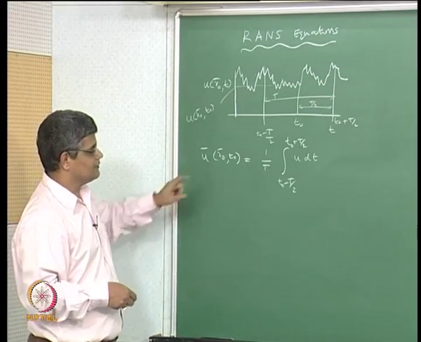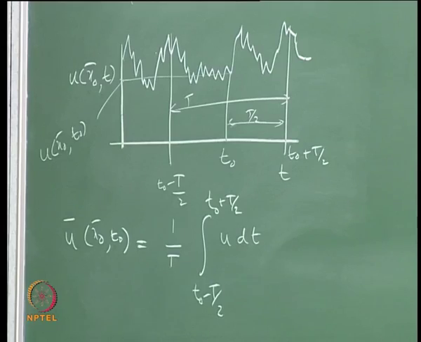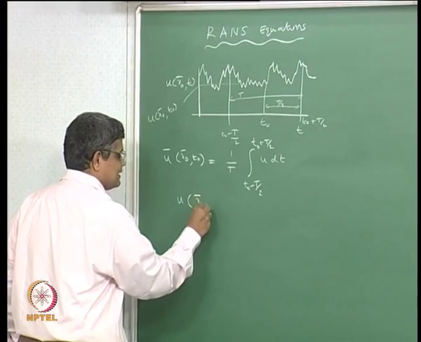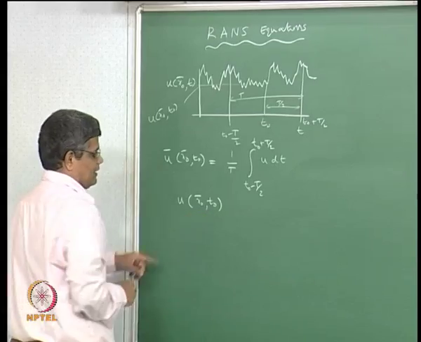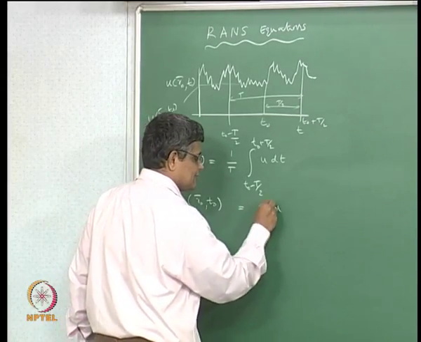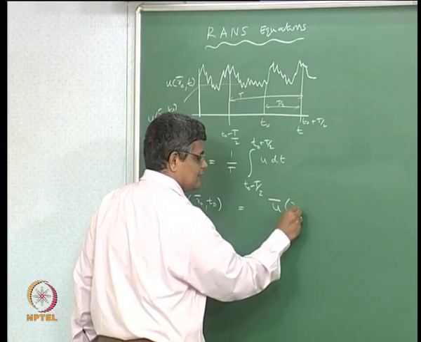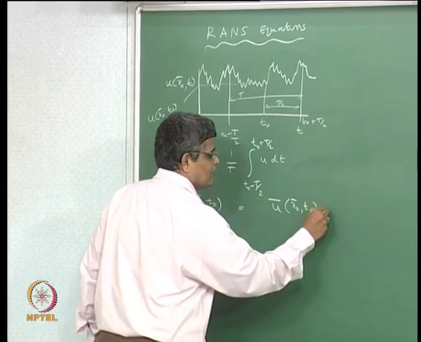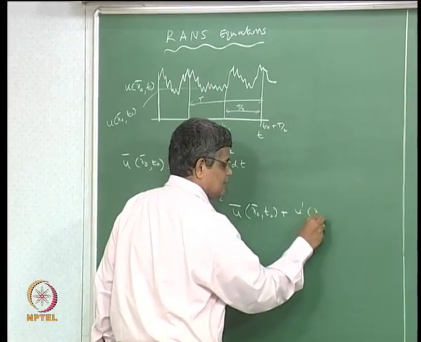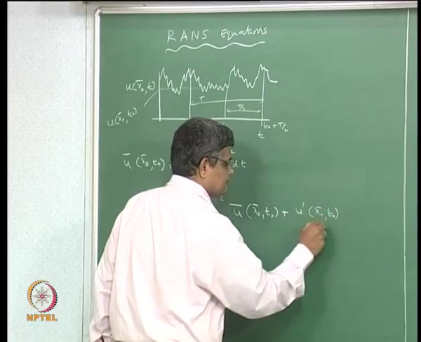So this is that kind of time averaged velocity, and using this we can write the instantaneous velocity at x naught t naught as a sum of two quantities, that is the time average quantity plus a fluctuating component u prime at x naught t naught.